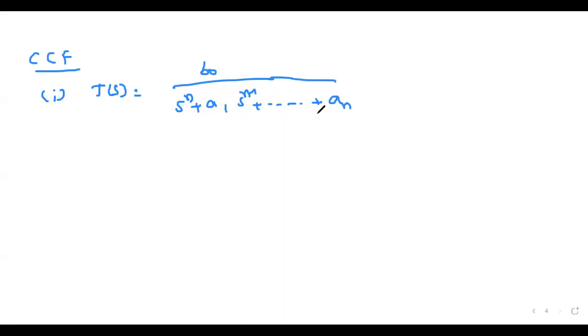So if we have this kind of transfer function, previously we have done this, how to solve the problem under controllable canonical format, and the state diagram we have seen in the last class.